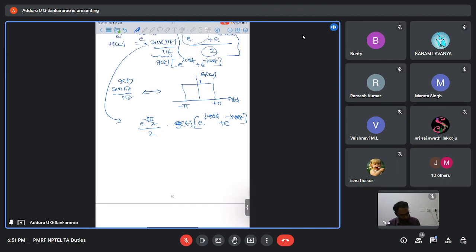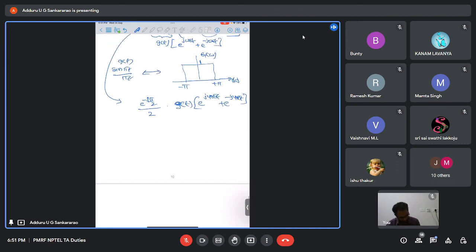This is shifted to both sides by an amount of 40 pi. So if I draw this H of omega, this phase and this magnitude will be there. Now this is shifted by an amount of 40 pi, here 40 pi, 39 pi, 41 pi.